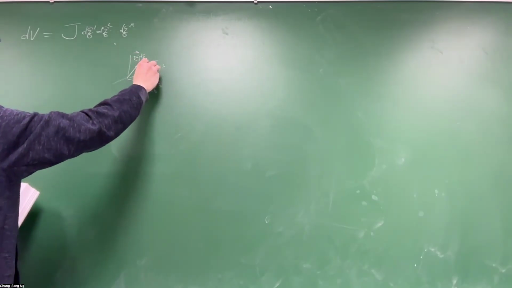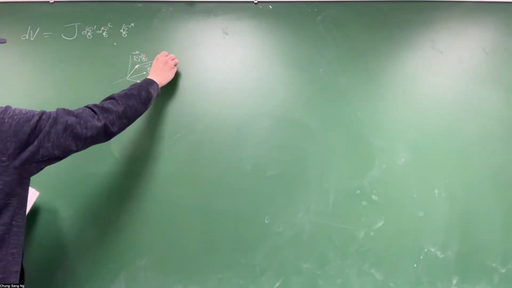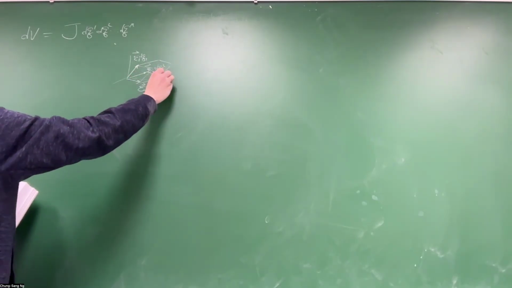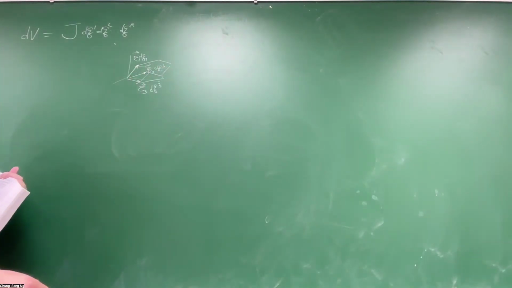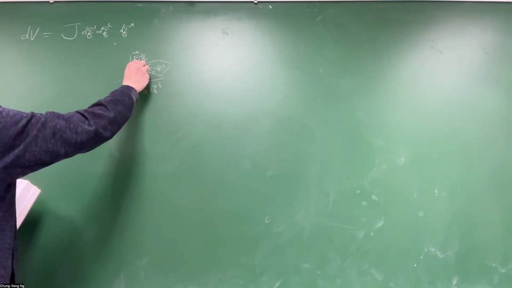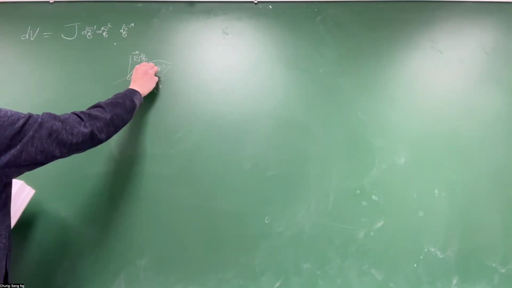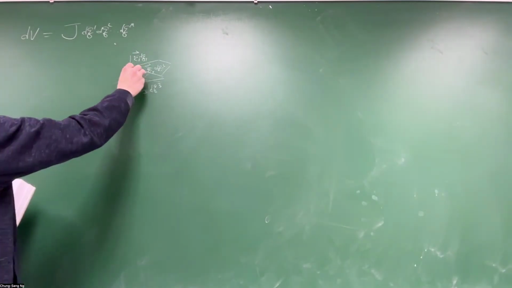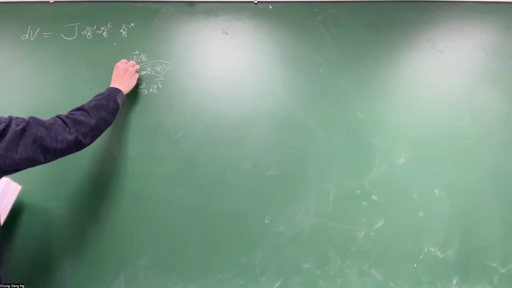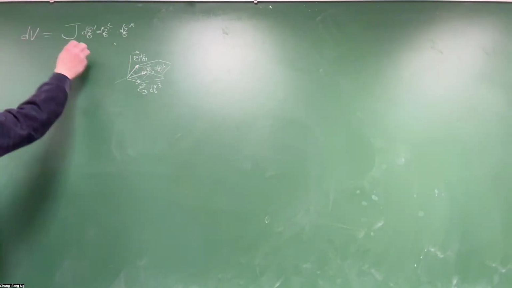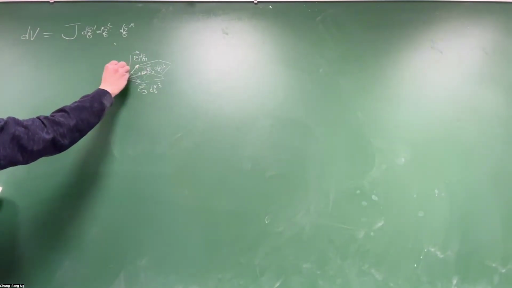For 2 dimensions it's a parallelogram, but in general it's a hyperparallelogram, something like that. So basically, this is the volume formed by these vectors. What you try to calculate is dv, the volume of that.